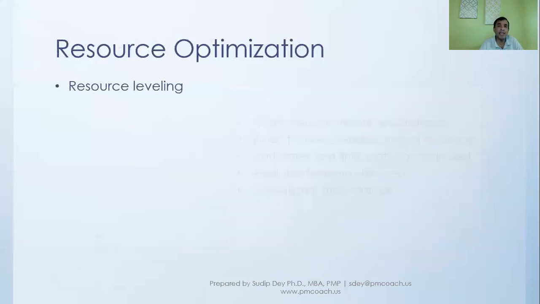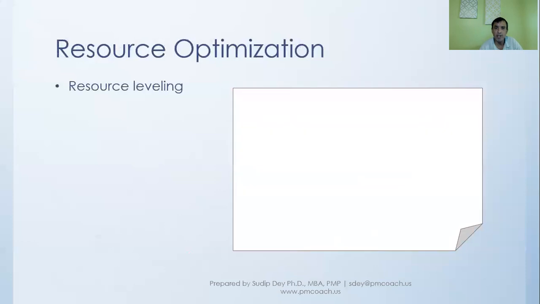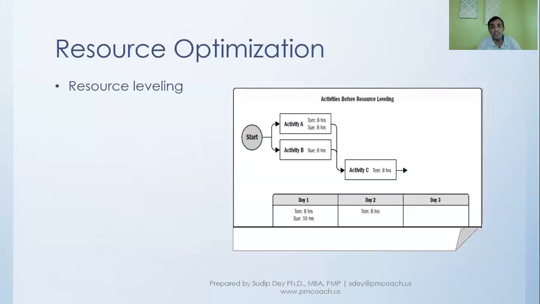So let's take an example here. Let's say this is what we have. What we have here is activity A, activity B, and activity C. In activity A, Tom and Sue are doing 8 hours of work. Activity B requires Sue to do 8 hours of work.